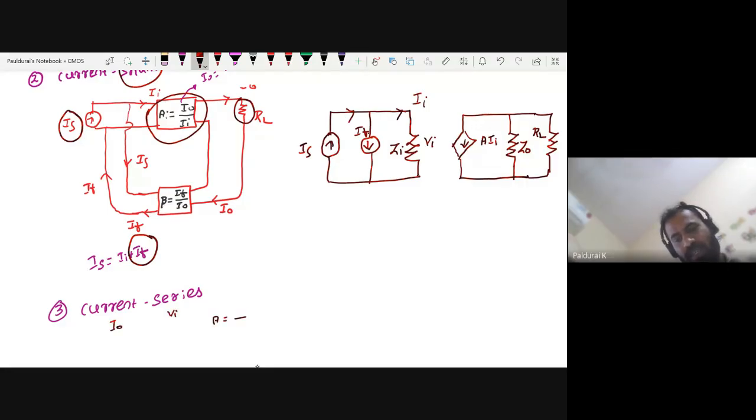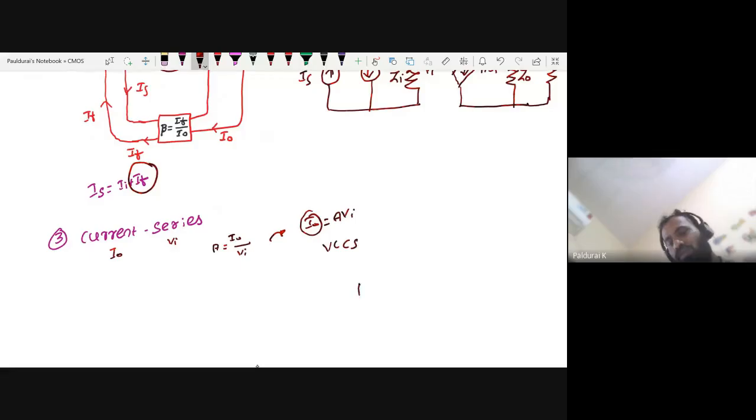So some gain equal to output I out by Vi, where I out equals A times Vi. So this is a current source. Since my output is current, my input is voltage. So this is called a voltage controlled current source. Current source A times Vi controlled by some input voltage, that later we will take care of.